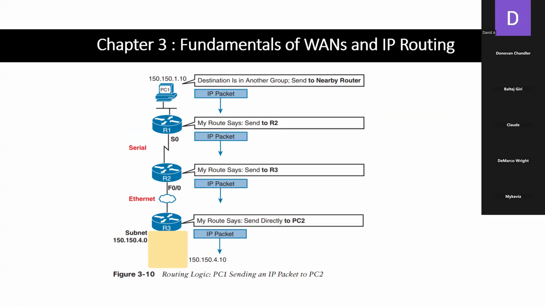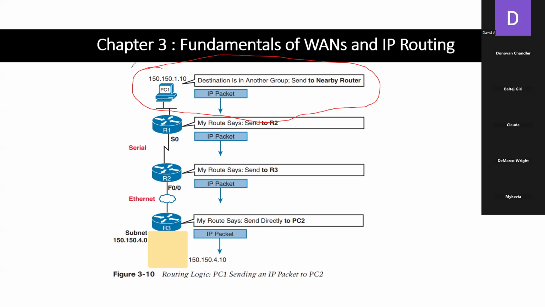We have PC1. It's saying I want to send this to my destination. How do I make my path selection? How do I know where to send this? We're going to get to that in the further chapters. But if we're looking at PC1, my destination is in another group.